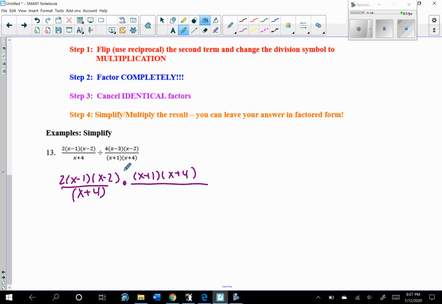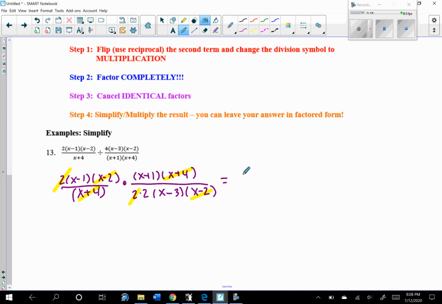I'm going to simplify that to 2 times 2. And now I can cancel out common factors. So if we look at my numerator, this 2 and this 2 cancels out. We do not have an x minus 1 down here, but we do have an x minus 2. We don't have an x plus 1, but we do have an x plus 4.